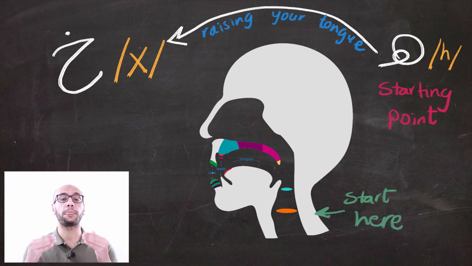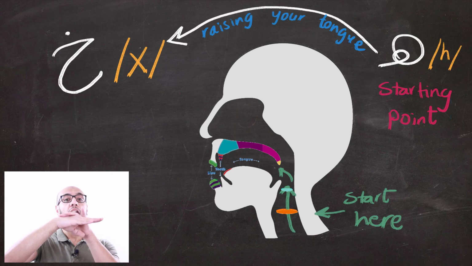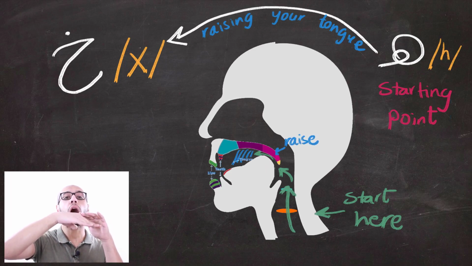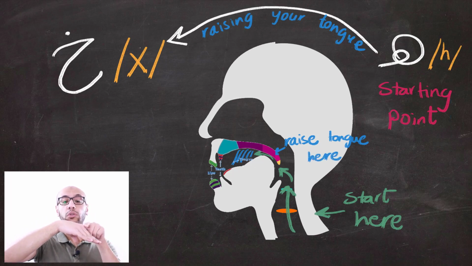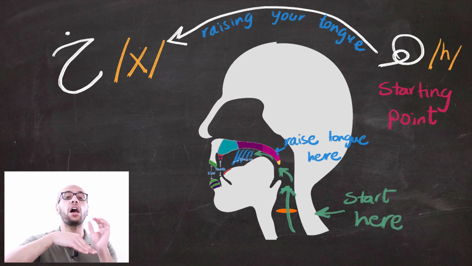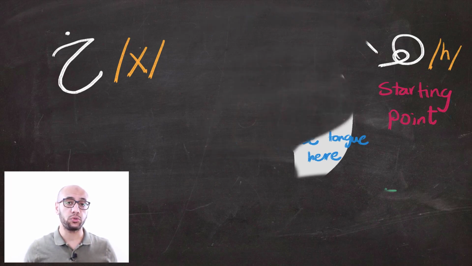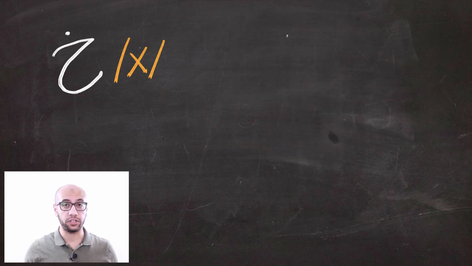You start with ha sound and force the back of your tongue, and when it reaches close to the soft palate, you start hearing the sound. So there, when you lifted the back of your tongue high enough without touching the soft palate, you will start hearing the kha sound.